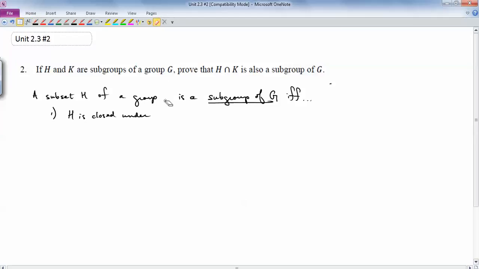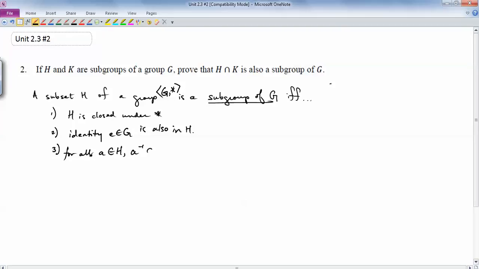So we could write this like this: G, star, is closed under star, right, the binary operation of G. 2, the identity E that's in G is also in H. And 3, for all A in H, A inverse is also in H. Okay, so every element has its inverse as well.